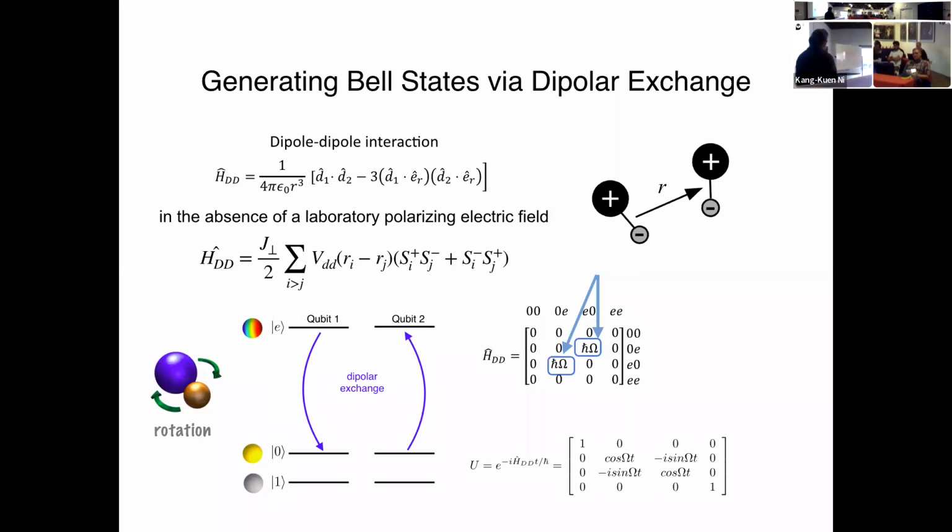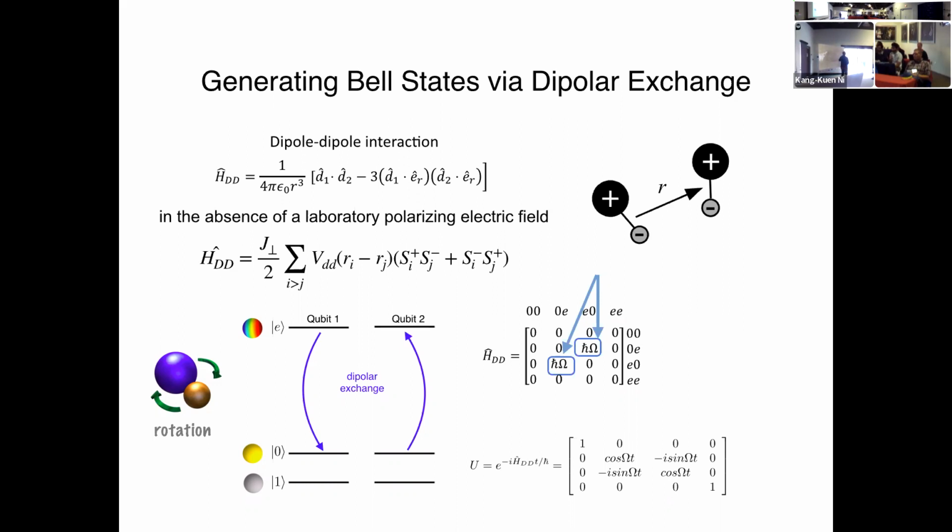If you wait, for example, omega T equal to pi over 2, and you start in one state, 0E or E0, then after the unitary evolution you'll get this plus i 0, with the square root of 2 normalization, and this is the delta.